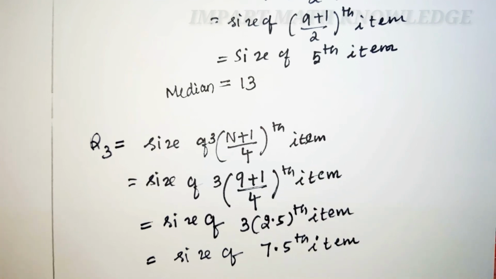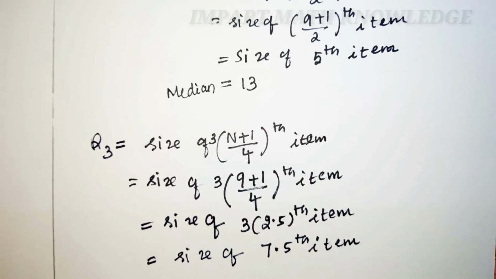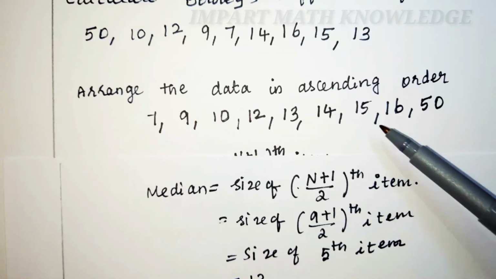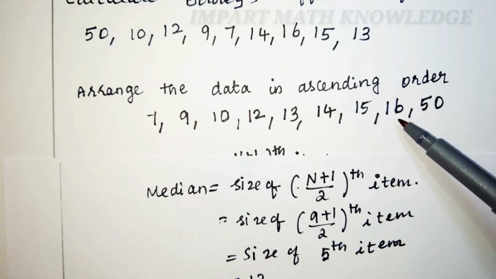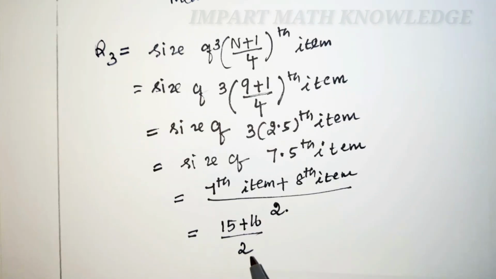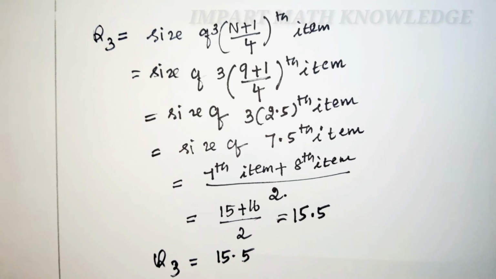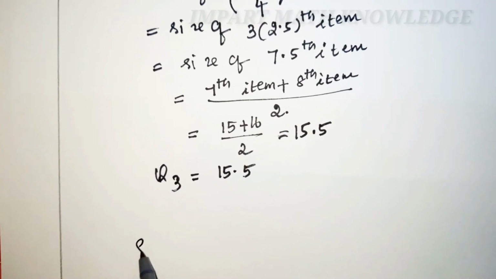This is nothing but the average of 7th and 8th item, which is 7th item plus 8th item divided by 2. Here the 7th item is 15 and 8th item is 16. Q3 is equal to the average of 7th and 8th item, that is 15.5.